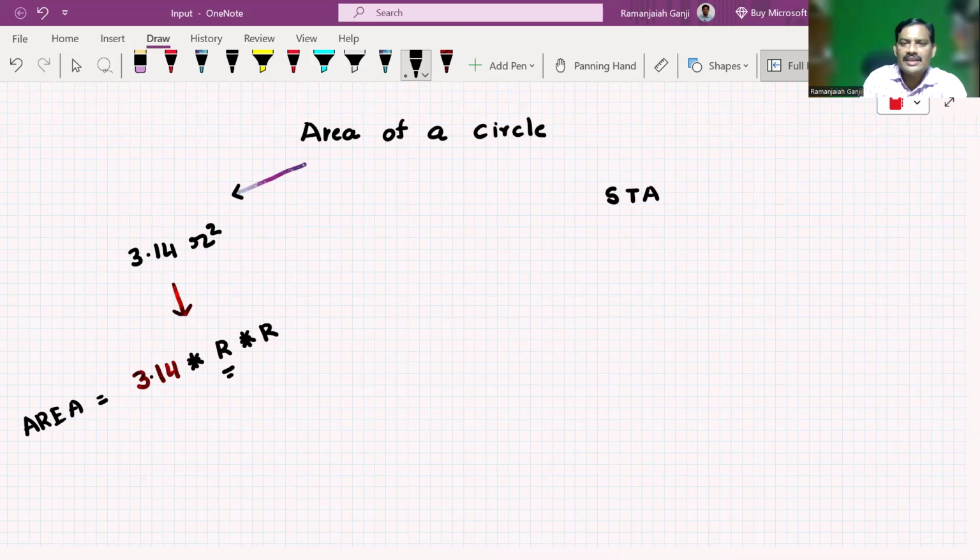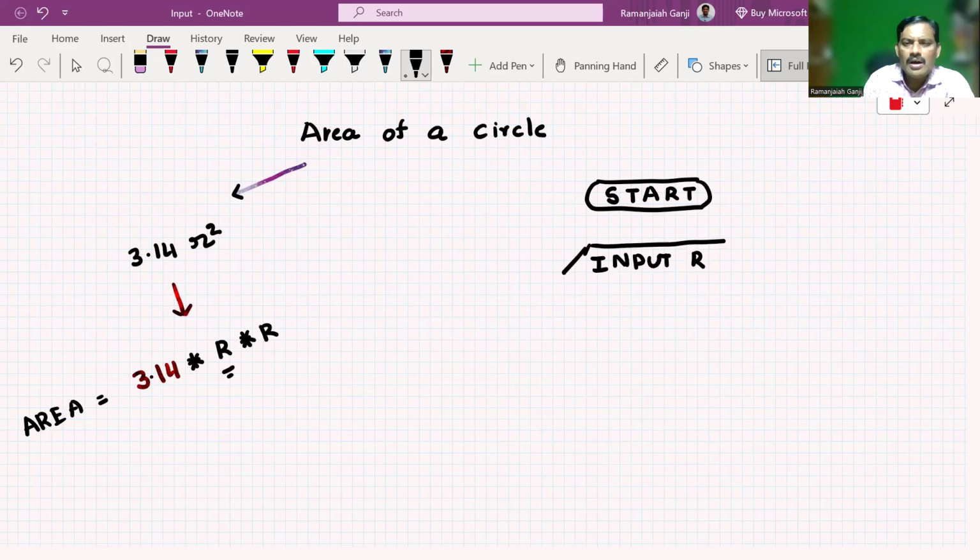First term is a start. I told you for every flowchart, we require a start. Second, we have to read a radius value. I told you, you may use a read statement or input. You may use either read or input. Anything is okay.